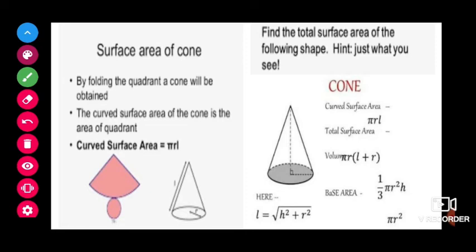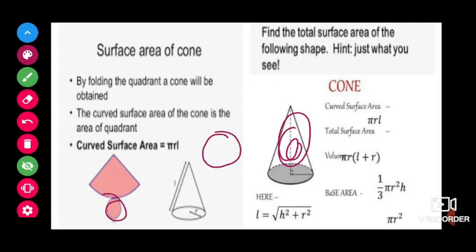Next one is the cone, children. The best example of a cone is, if you go to a birthday party, they will give cone shaped caps. You can see that the cone has one curved surface area, which is here, and one bottom.